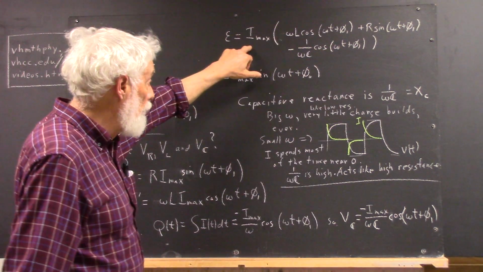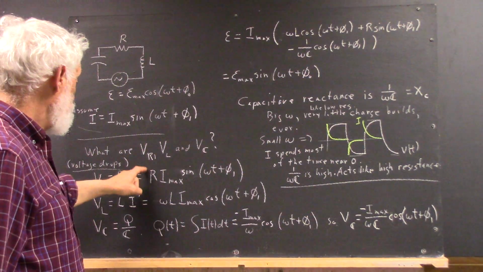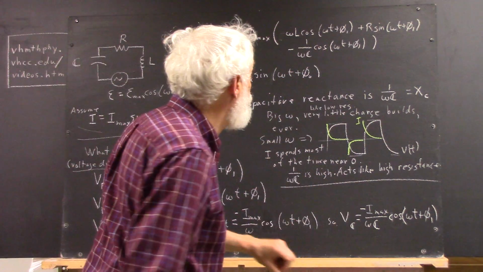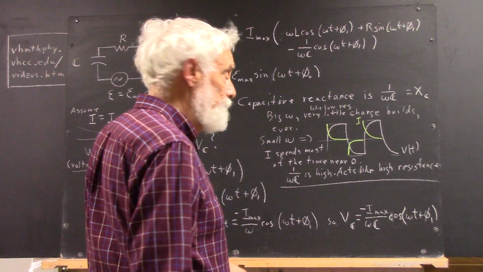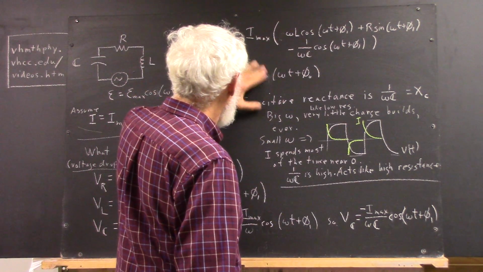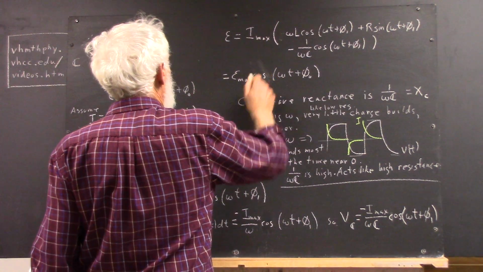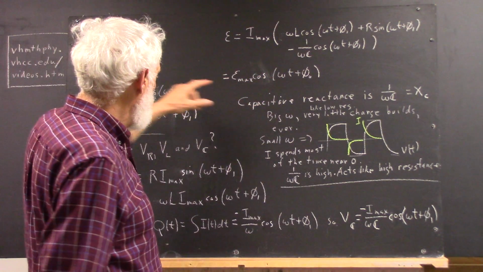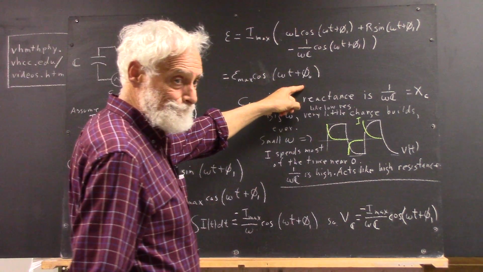Of course, I factored out the I max, but everything else is just the sum of the voltage drops. This plus this plus this. Okay, and that's going to be our E max. And since I called it a cosine over here, we're going to call it a cosine over here. It doesn't really matter whether we call it a sine or a cosine because we haven't talked about the phase angle.